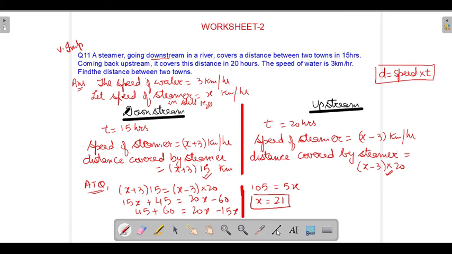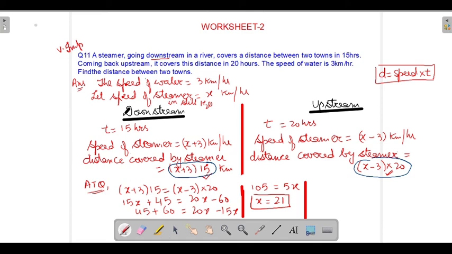Now the question is, what you have to find out? You have to find the distance between the two towns. Either you can take this distance or that distance, and with both you will get the same answer.